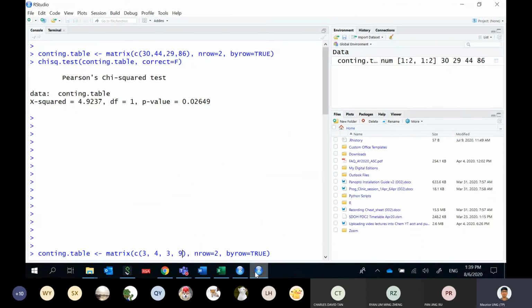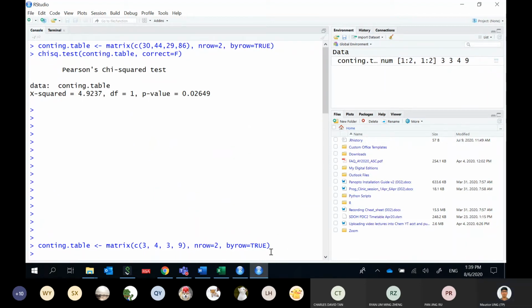Okay, so let's say this is the data itself. No problem with that. We can also do the regular chi-square statistic. No problem.